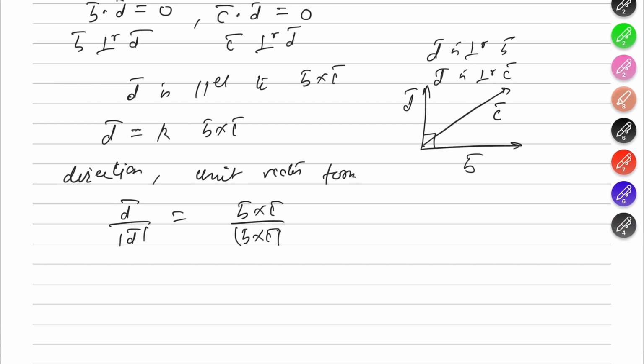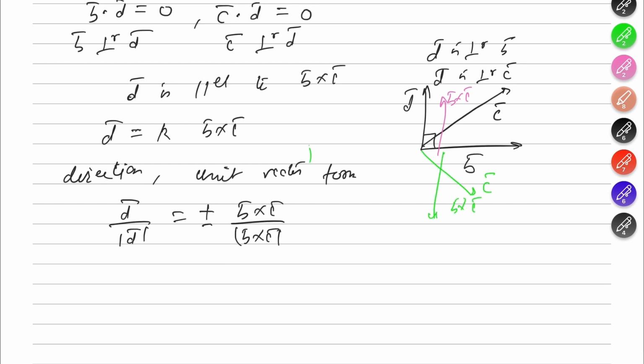Since they are parallel, I can write plus or minus, because we don't know. Parallel means it may be in the same direction. If it is in this form, B cross C will be like this, or if C is somewhere here, then B cross C will be like this.